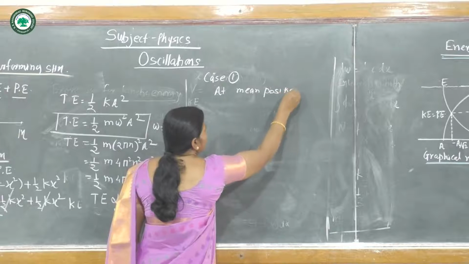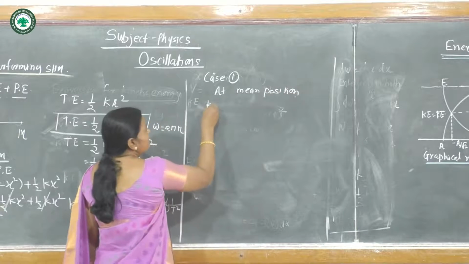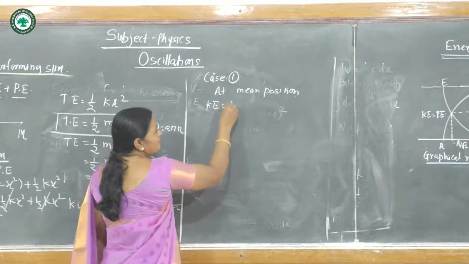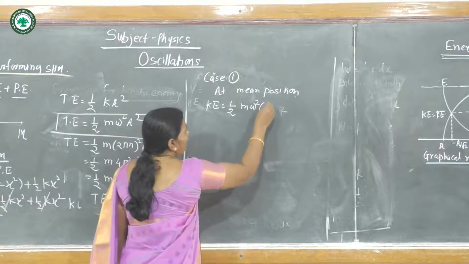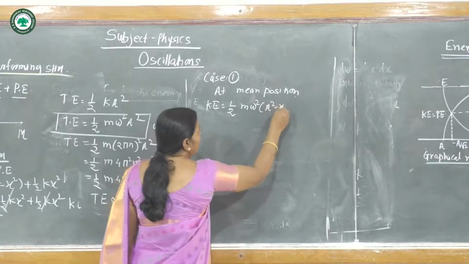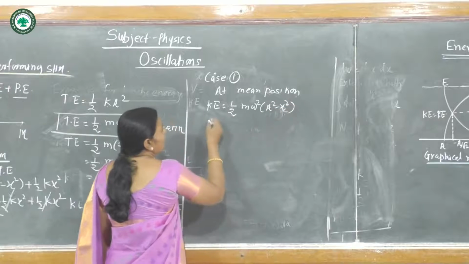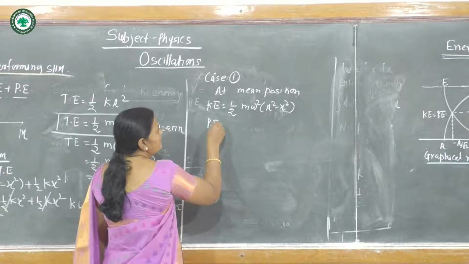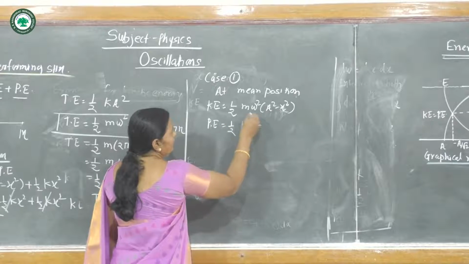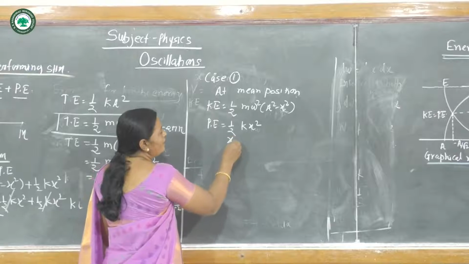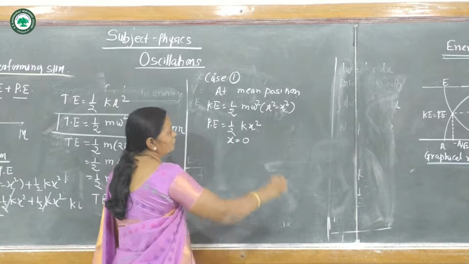At mean position, the kinetic energy is given by kinetic energy = 1/2 m omega square (a square minus x square), and potential energy is 1/2 k x square. Now at mean position, the value of x is equal to 0.